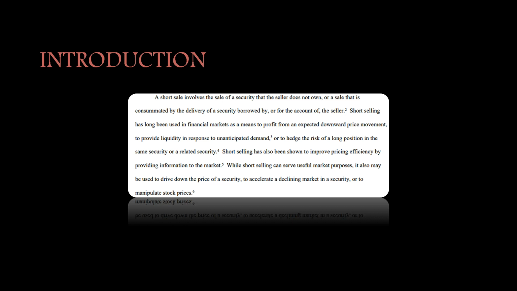Short selling has also been shown to improve pricing efficiency by providing information to the market. While short selling can serve useful market purposes, it may also be used to drive down the price of a security, to accelerate a declining market in a security, or to manipulate stock prices.